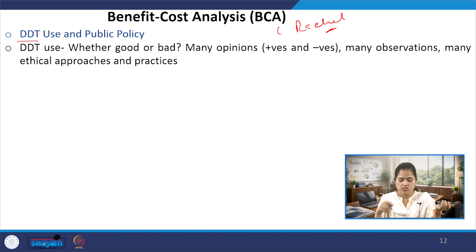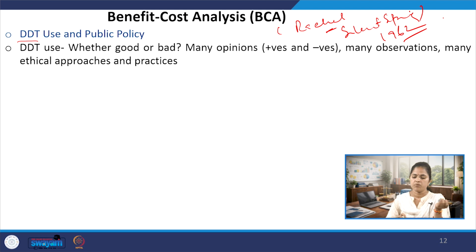It has already been analyzed in her book Silent Spring, published long ago in 1962, but it still has influence right now in making many strong environmental policy decisions. You know what the use of DDT is: in agricultural farming, DDT is used for killing insects.